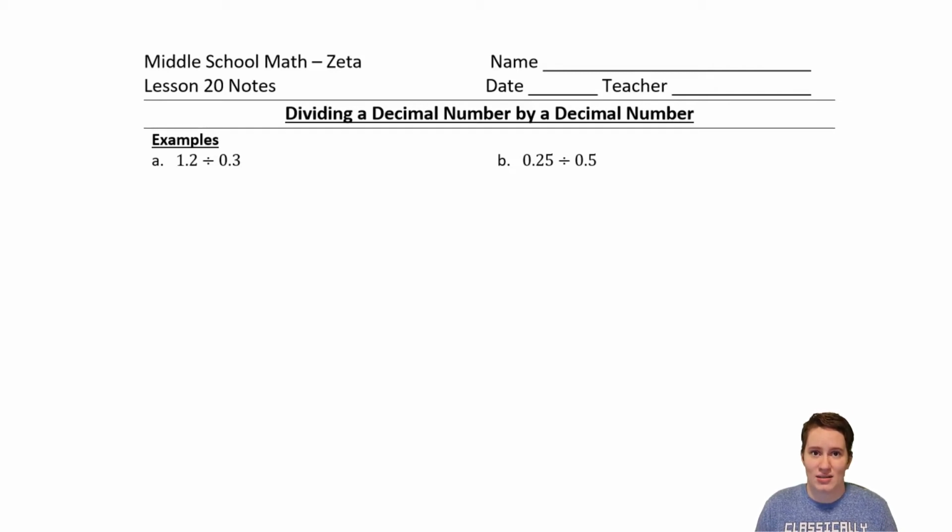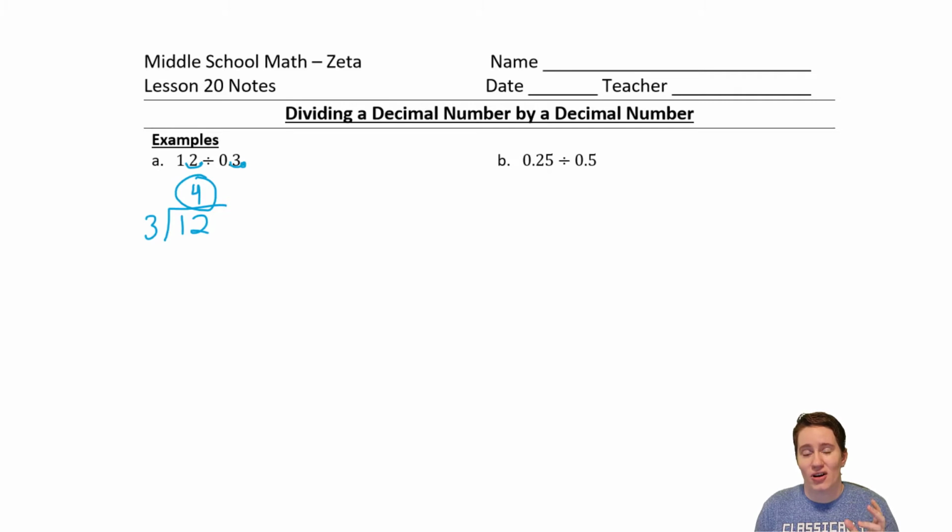That's why the question is the same as how many times does 3 go into 12, because I can multiply this by 10 so that I've got a 3 instead, and multiply this by 10 so that I've got 12 instead. Then I can say how many times does 3 go into 12? The answer is 4 times, and it goes in evenly. So hopefully it makes sense why 0.3 goes into 1.2 4 times.